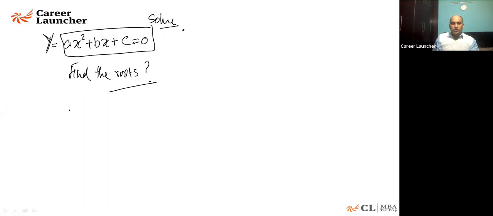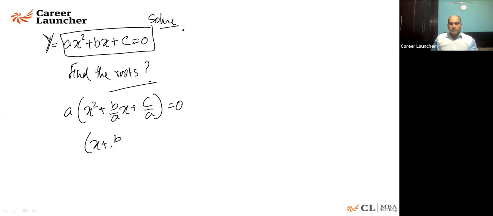So I'll put it equal to 0. I'll say a is common. Do you agree? a can go to the right hand side. I can write x plus b by 2a whole square. That gives you x square plus twice of b by 2a into x, which gives b by a x, minus b square by 4a square, which is what you need to write, because this one is square and needs to be subtracted, plus c by a is equal to 0.